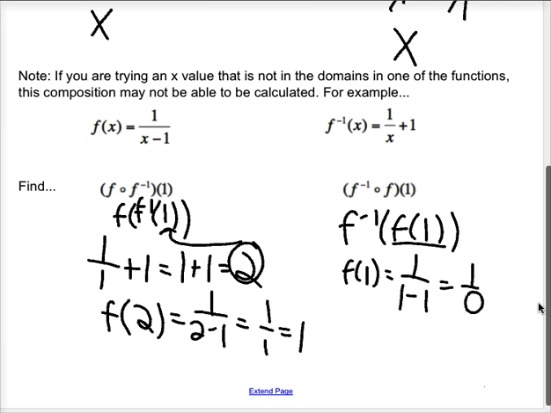So what this means is you cannot finish that composition. If in one of them the number doesn't work, you just have to stop the calculation and say that you can't do it. So this one, you can't really solve. There is no solution to it. Again, just a little tidbit that sometimes these things will not work out if you're putting in numbers not in the domain or range of the proper function.